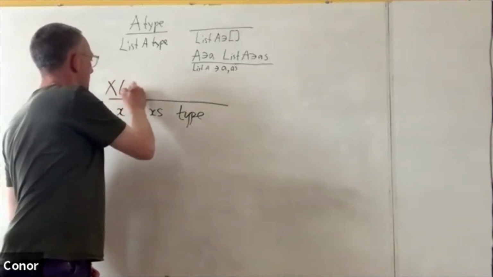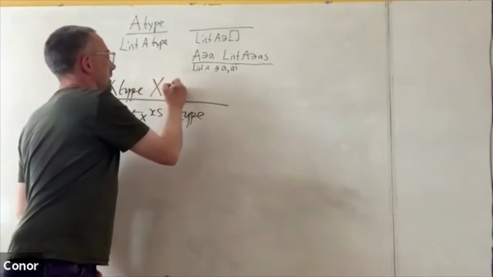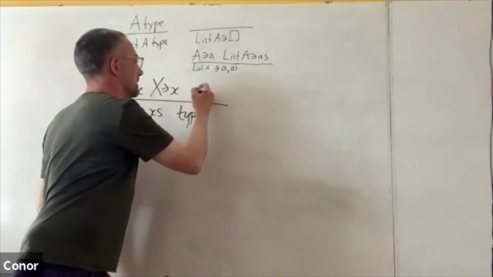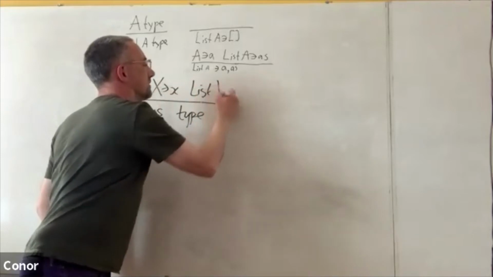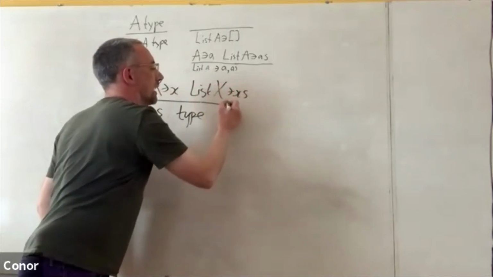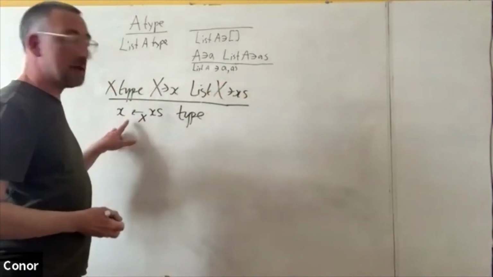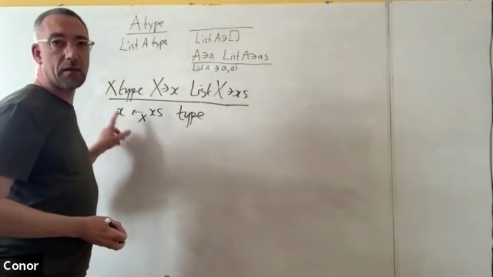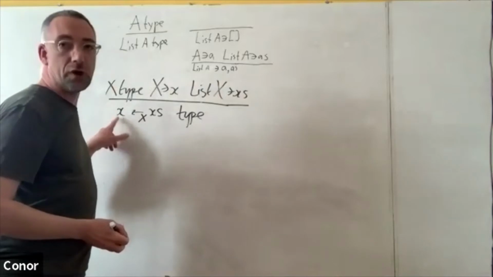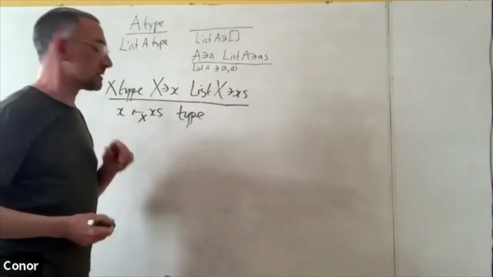If X is a type, little x is 1x, and list of x accepts x's. So this is going to be the type of pointer to a particular element of a list.